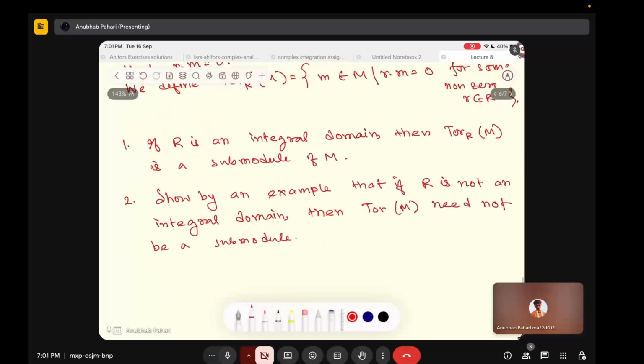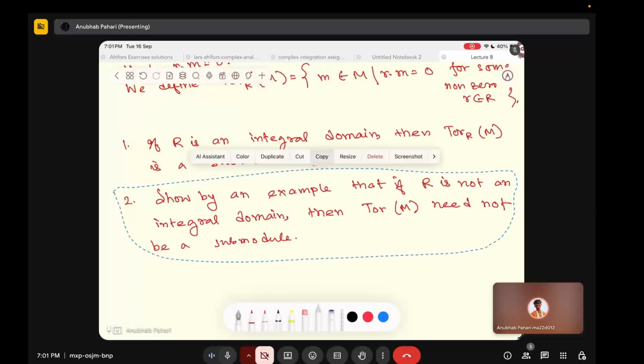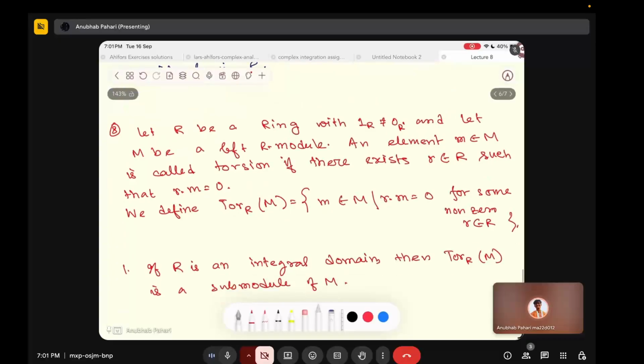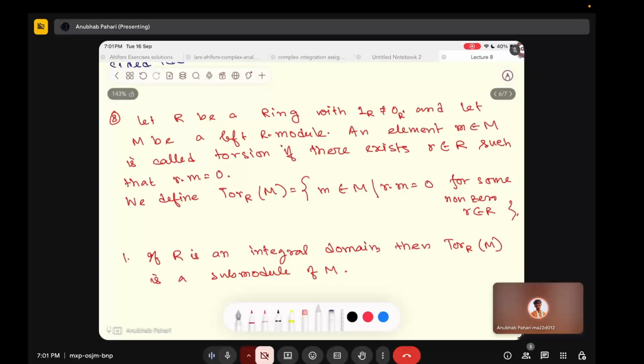Actually, let us forget it right now. First do this problem. So we can do this first. Try to understand the definition and see if you can prove this one. Then step by step we will be doing other problems.